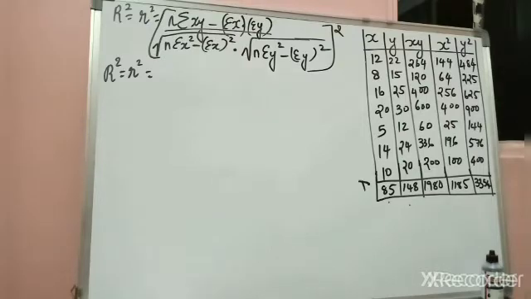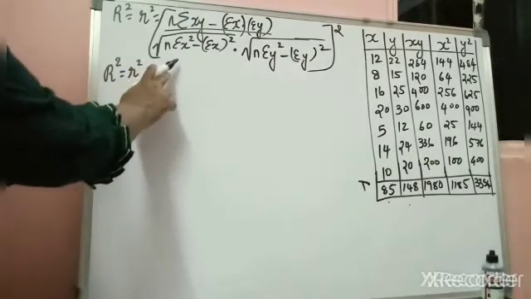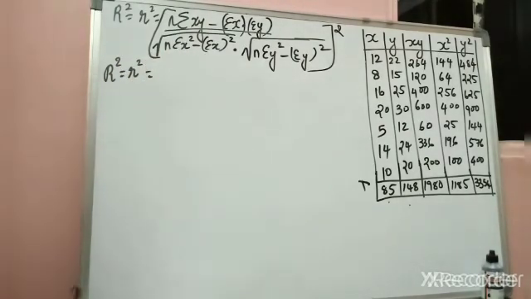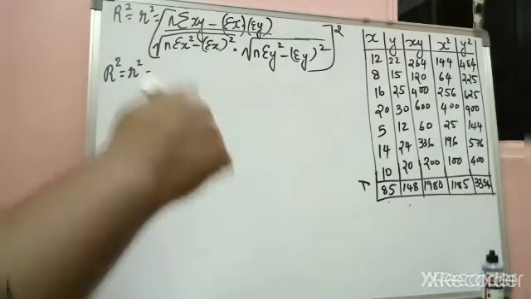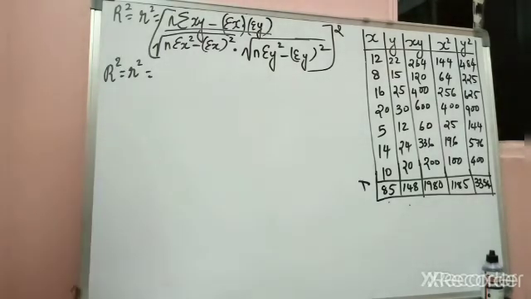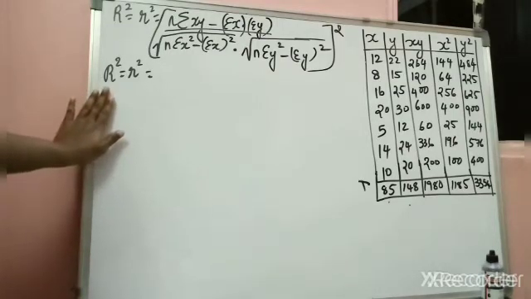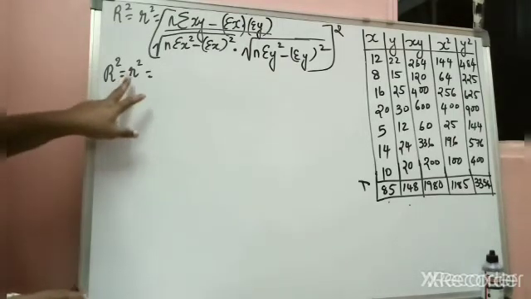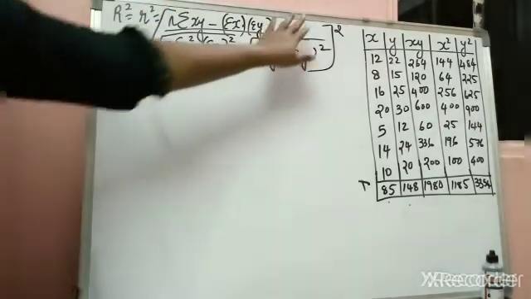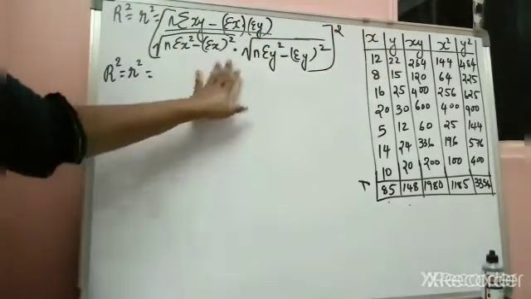So the formula is: n multiplied by sigma xy minus sigma x into sigma y, divided by square root of n multiplied by sigma x square minus sigma x the whole square, multiplied by square root again of n multiplied by sigma y square minus sigma y the whole square. Clear? So in this we are finding out the coefficient of determination. So the formula is r square. So for that we have to take the square of this formula.